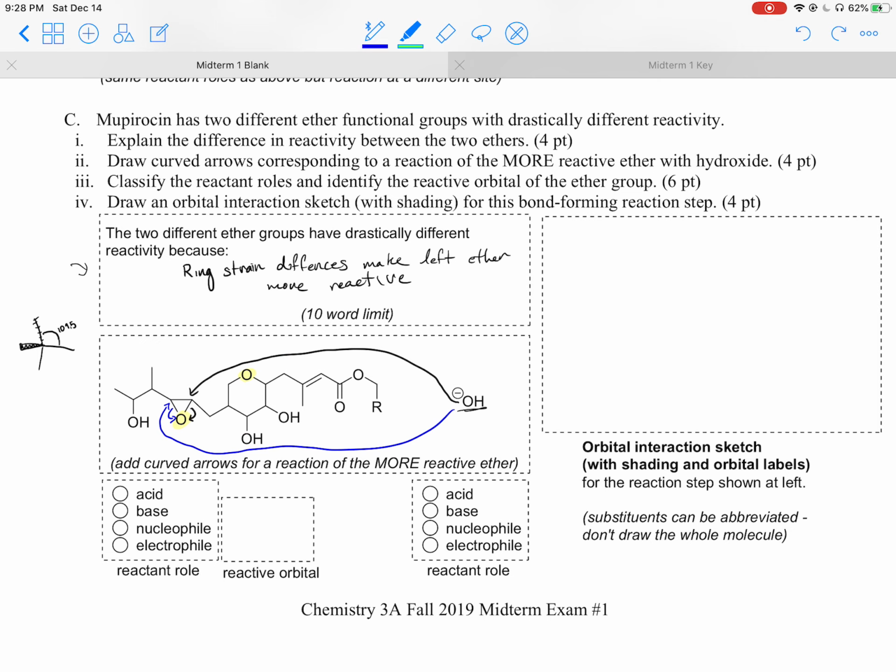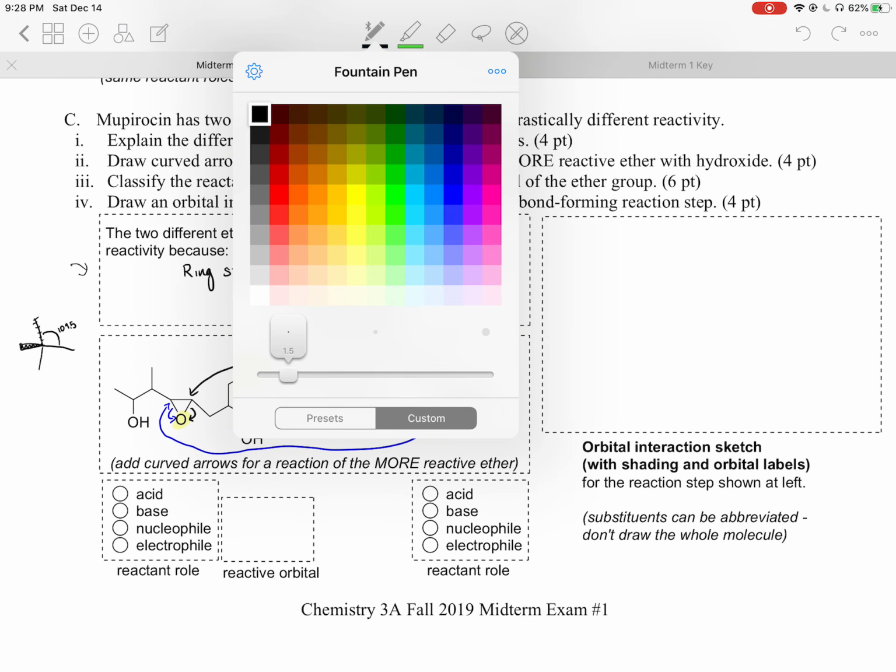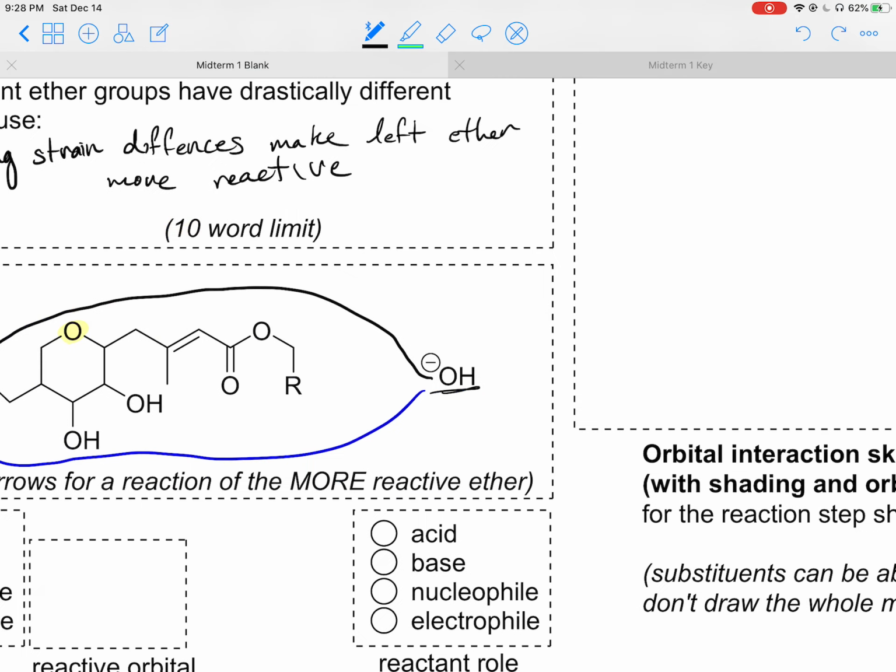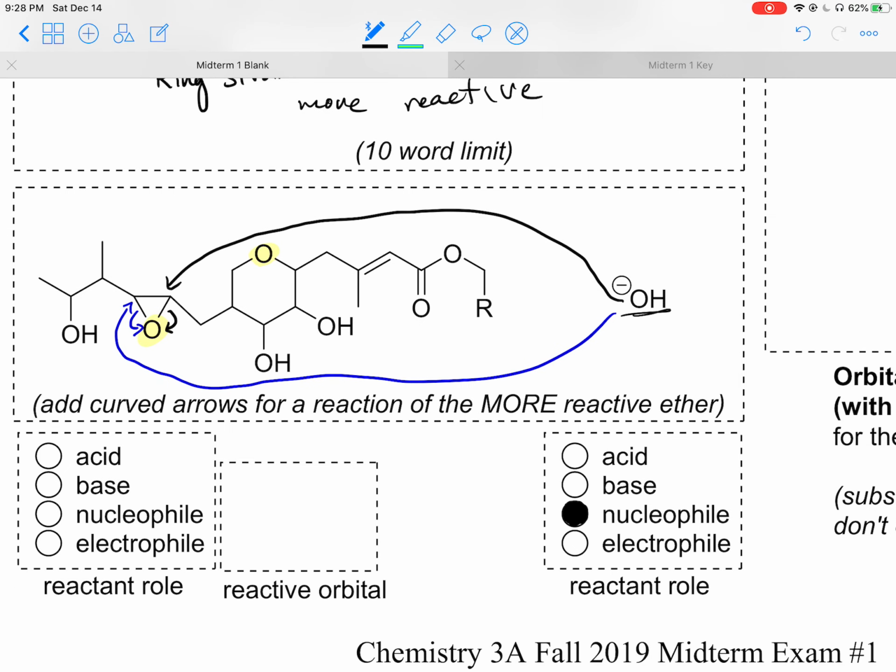So either way, the OH, the hydroxyl, is acting as a nucleophile again because it's using its lone pair to make a bond, attacking the nucleus.